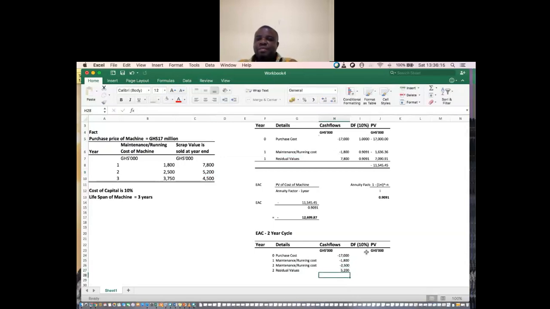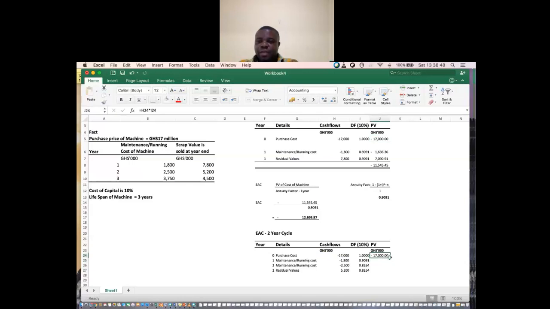Now we determine our discount factor. So discount factor for year 0 will be the same. That for year 1 will be the same. But we have to determine it for year 2, which is this. When you are done, you now multiply the discount factors by their present values.